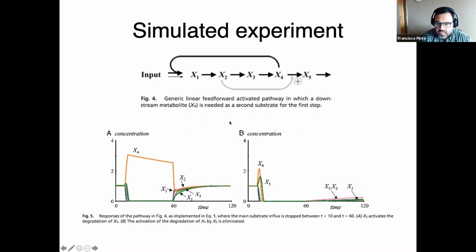So they argue that having this regulatory interaction is an advantage for this organism, especially if it lives in an environment where the glucose supply is not constant. So, for example, you could argue that this would not be an advantage for bacteria that only grows in the lab, because in the lab you are always giving fresh media to the cell culture.